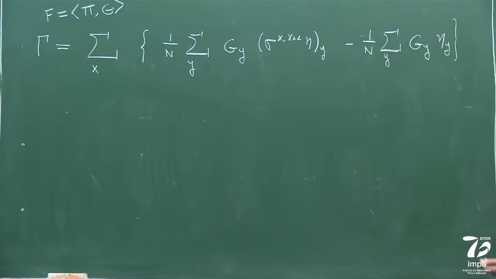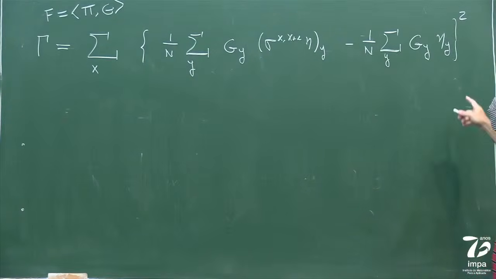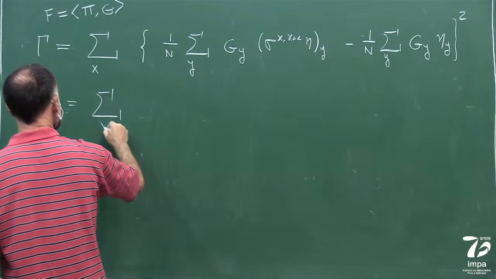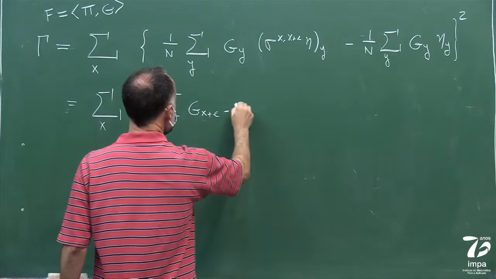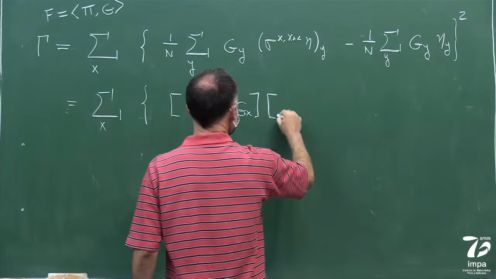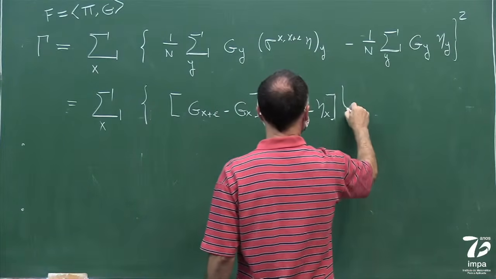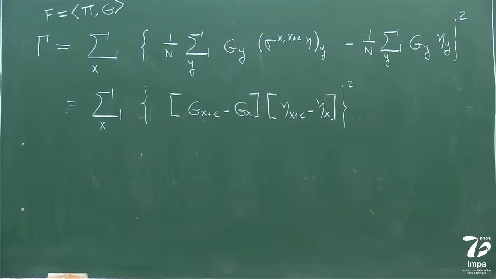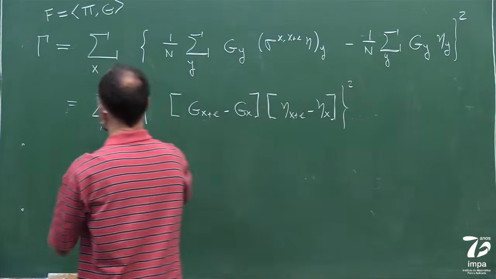And there is a square. But we already computed this difference, and what we obtained is that this is equal to g x plus e minus g x times eta x plus e minus eta x. And there is a square. Okay? And there is a 1 over n which I'm forgetting, so there is a 1 over n square. So let me put it here.